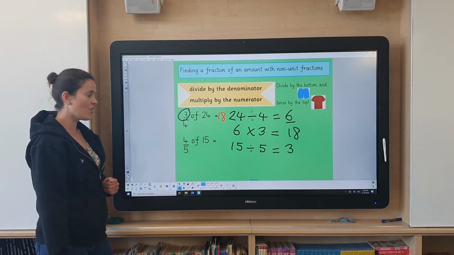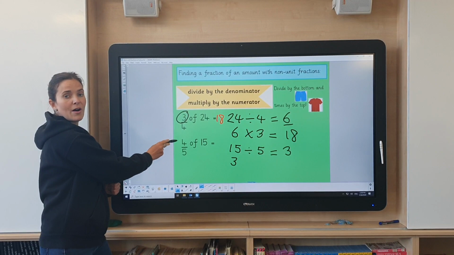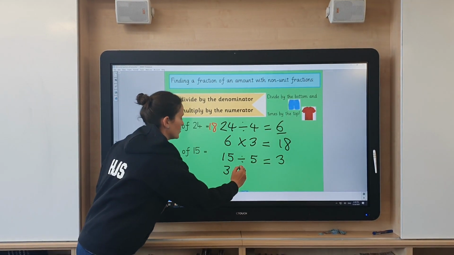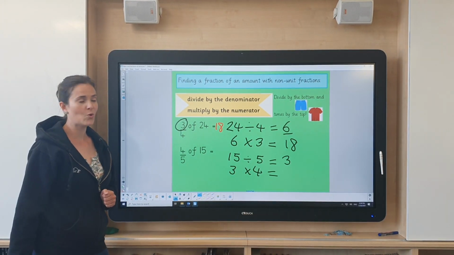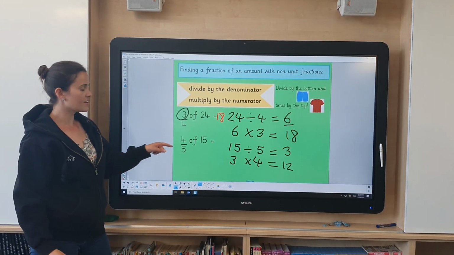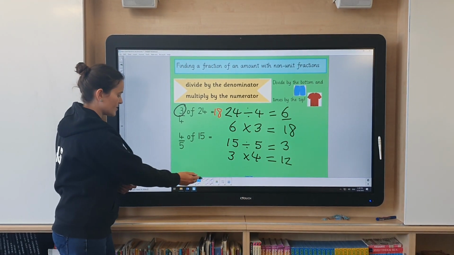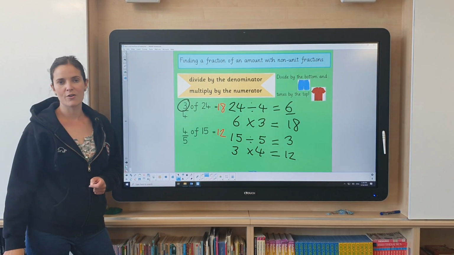And then we take our answer of 3, multiply it by the numerator, which is 4. And then 3 times 4 gives us 12. So the answer to what is 4/5 of 15, the answer is 12.